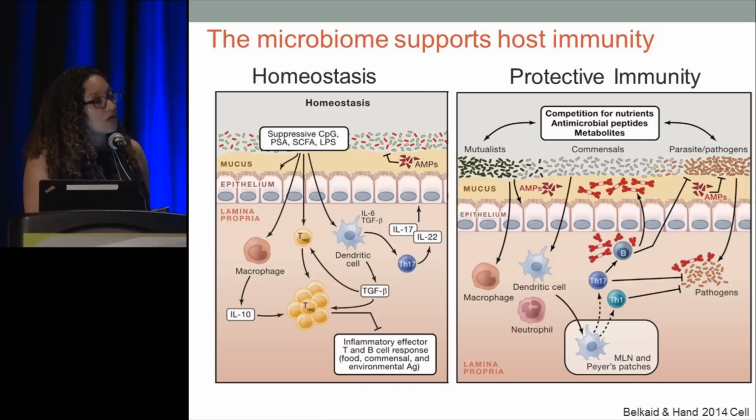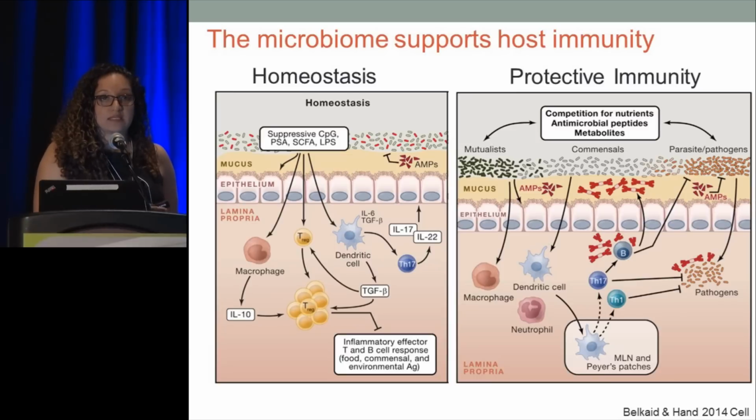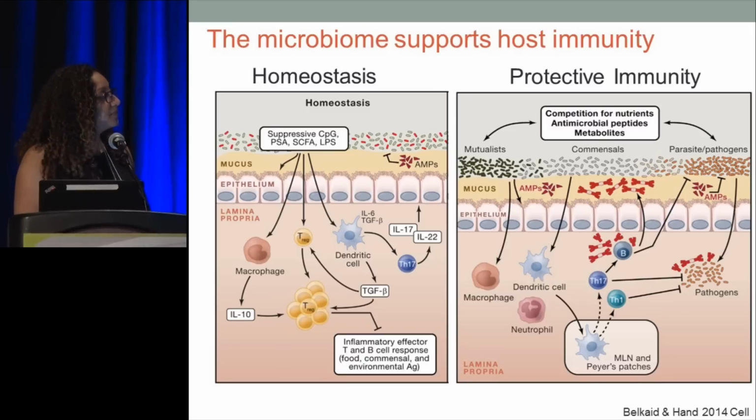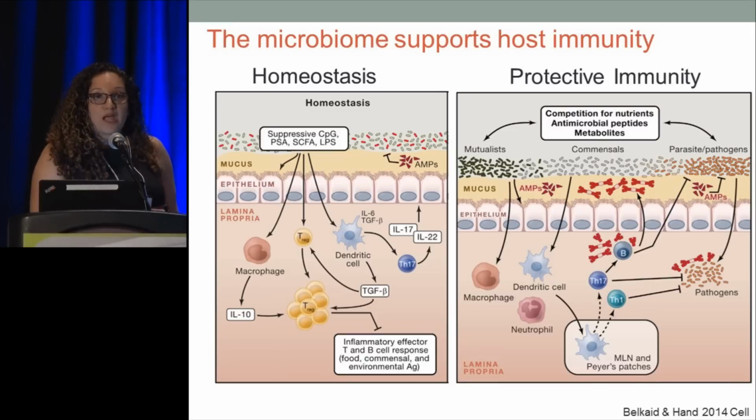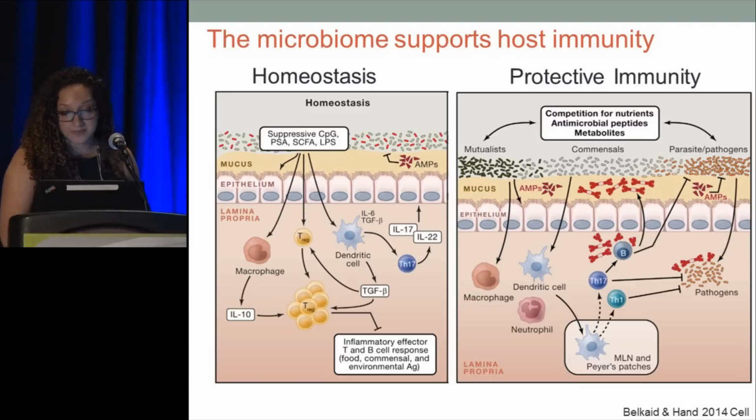And finally, through lipopolysaccharides, we can see an activation of pro-inflammatory cells and the maturation and education of immune cells. The microbiome is also involved in protective immunity. It provides competition against pathogens through competition for nutrients, and is also involved in the production of antimicrobial peptides.